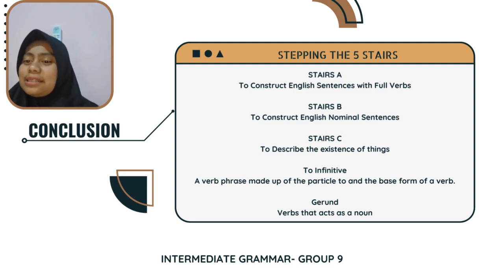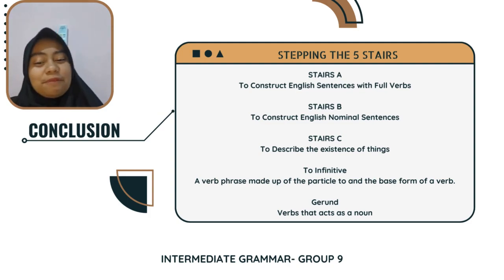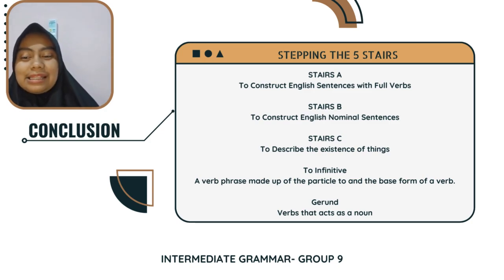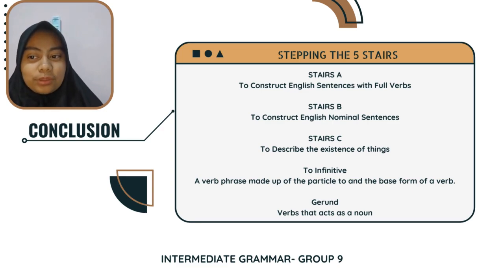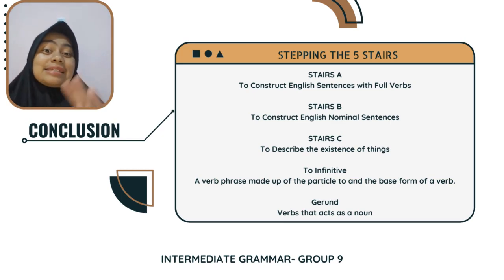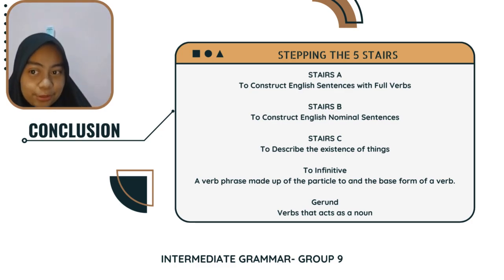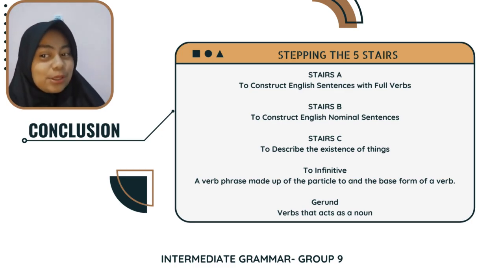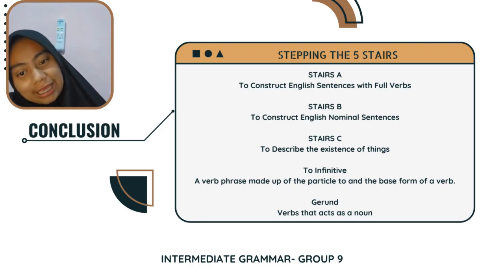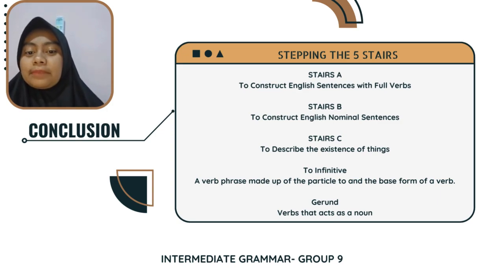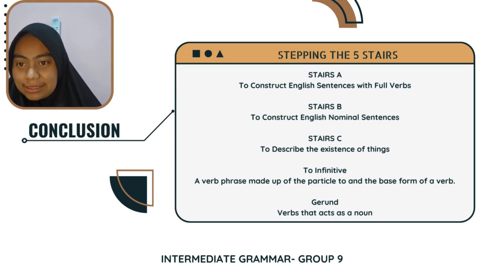Alright, so we have some information here. Let's take a look at how a gerund takes a role as a part of a sentence. Okay, first one is subject of a sentence. Because a gerund is a verb that acts as a noun, absolutely it could be the subject of the sentence. A gerund could be put at the beginning of the sentence. The example is like this.